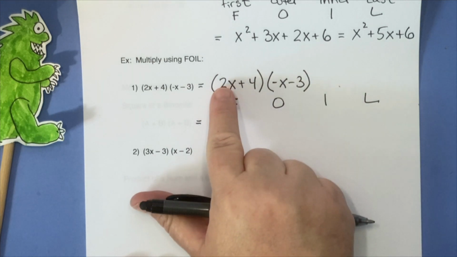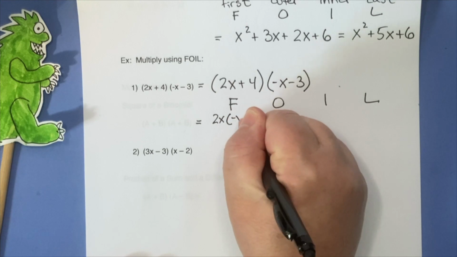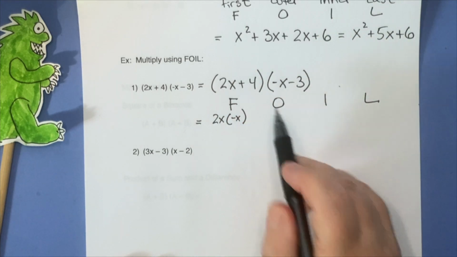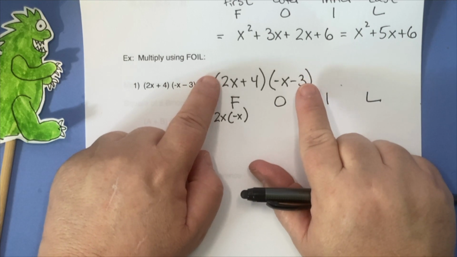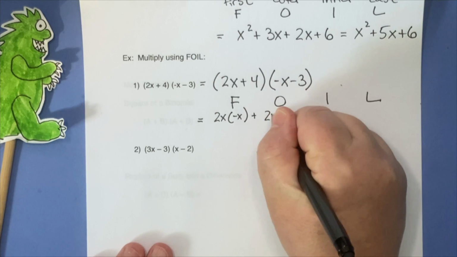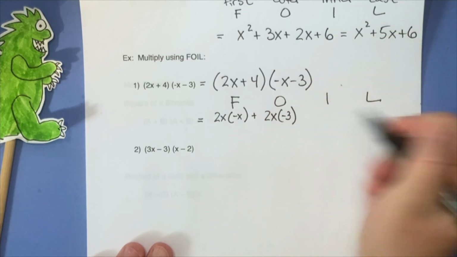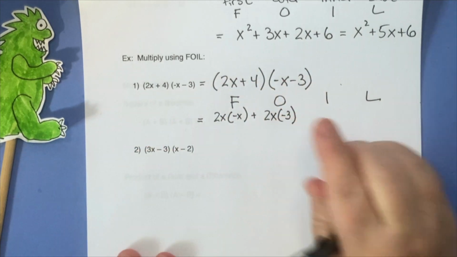The first ones are the 2x and the opposite of x. What's the outside? The outside are the ones, the far left and the far right. So that's going to be 2x times negative 3. I is the inner. That's going to be 4 times the opposite of x.